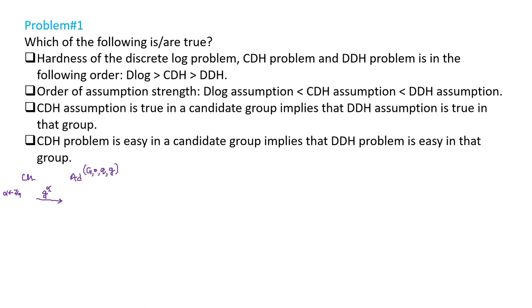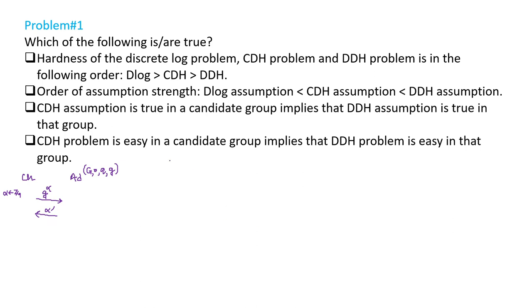Now the adversary gets to see g to the power alpha and has to respond with some alpha dash, and it wins if alpha dash is equal to alpha. For a group where the discrete log assumption holds, the probability that the adversary wins is negligible. So the discrete log problem is assumed to be hard in that group.